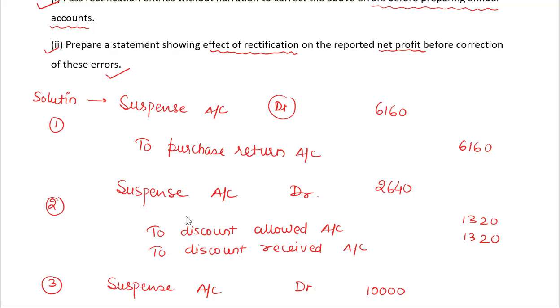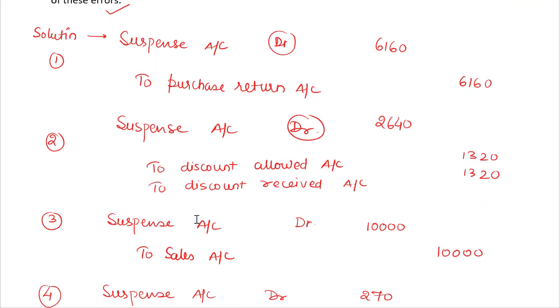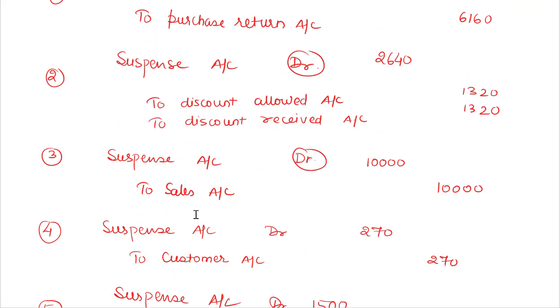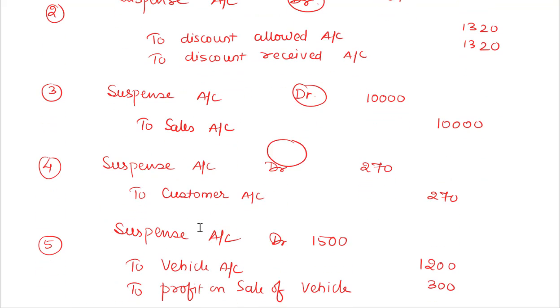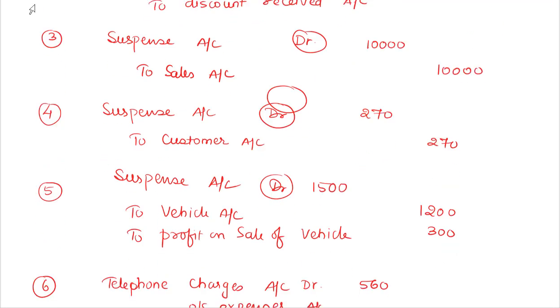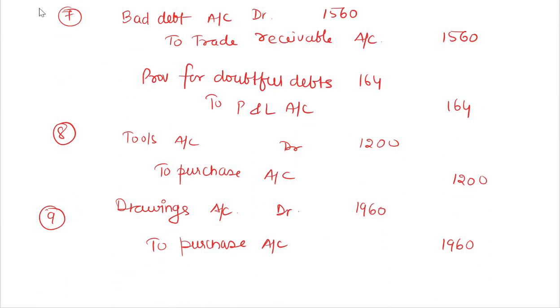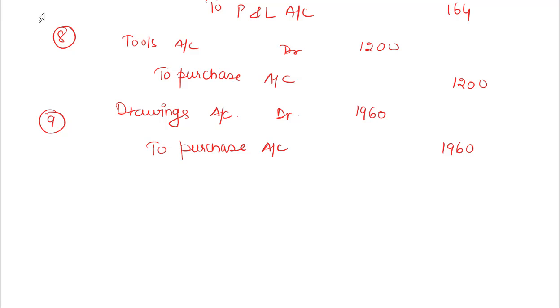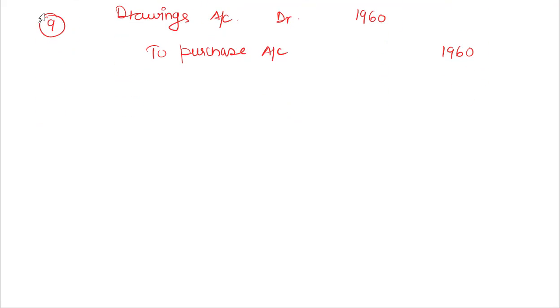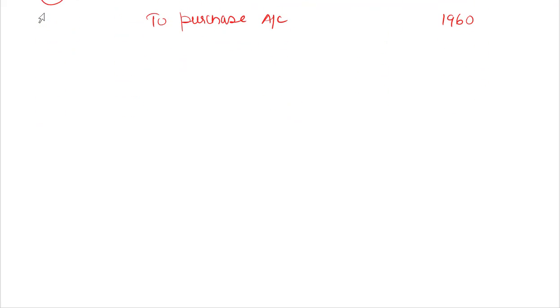Over here suspense is debited, debited, debited, and over here it is debited. Let's try to solve it. Let's make the suspense account now. So this is part 2, suspense account.